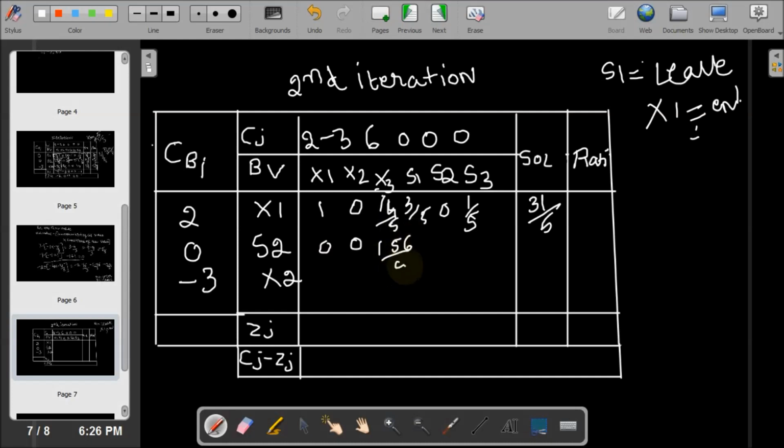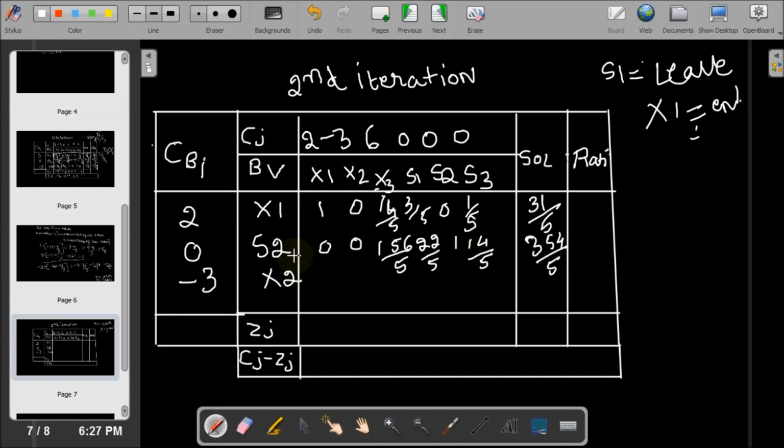So now you know how to calculate them: 156 by 5, 22 by 5, next 1, and next 14 by 5. Now what is the solution value here? The solution value is 354 divided by 5. Please calculate the values.